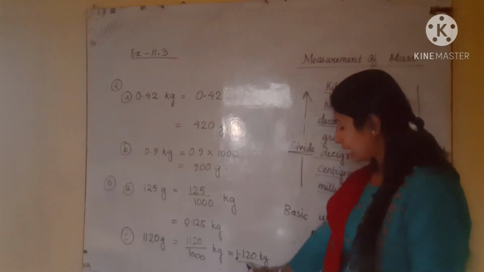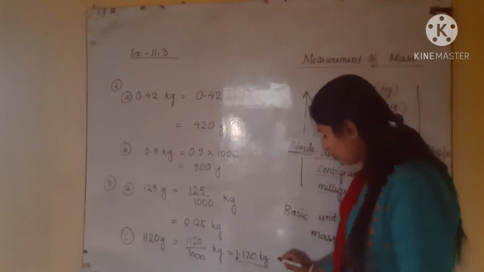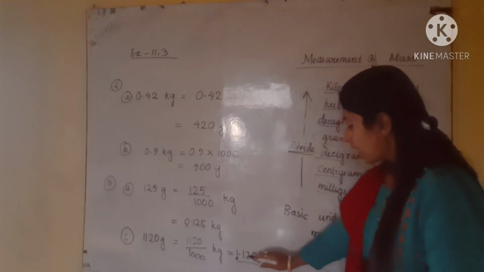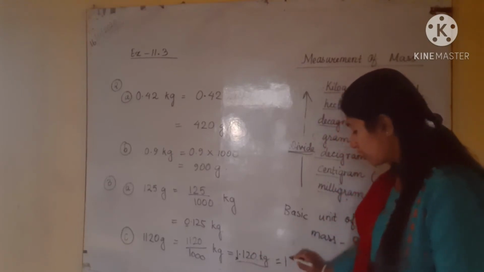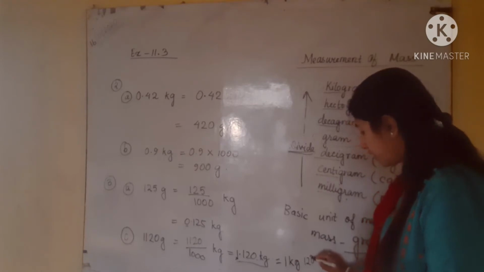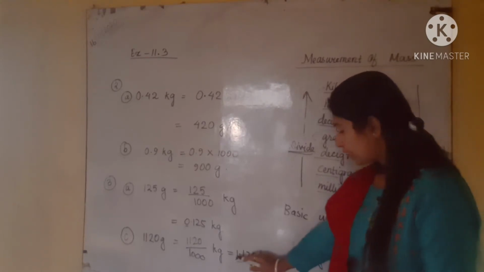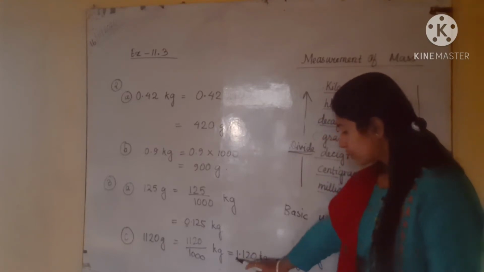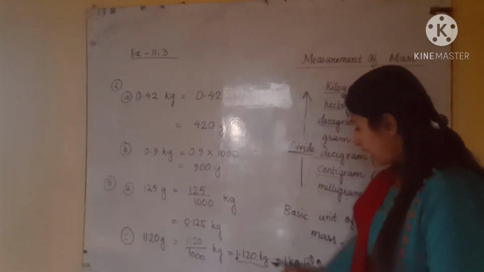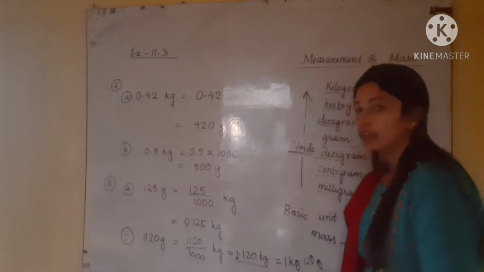Apart from the decimal number, you can also write it like this: 1 kg 120 gram. Already I told you how to separate the numbers. The decimal part you write in gram and the whole part, 1, is in kg.